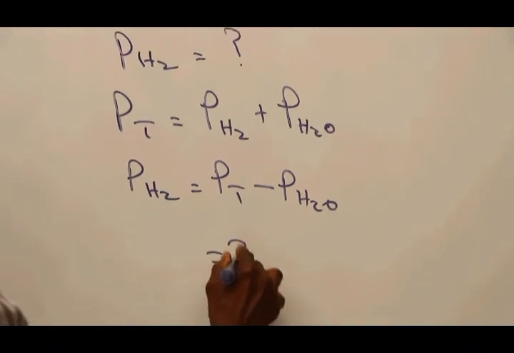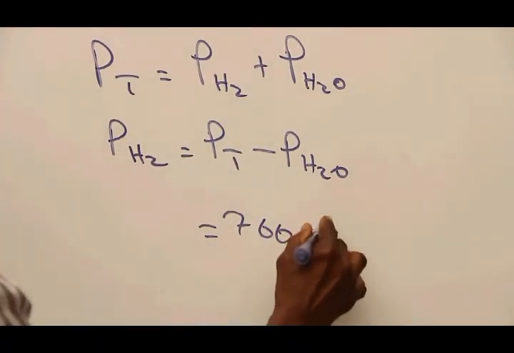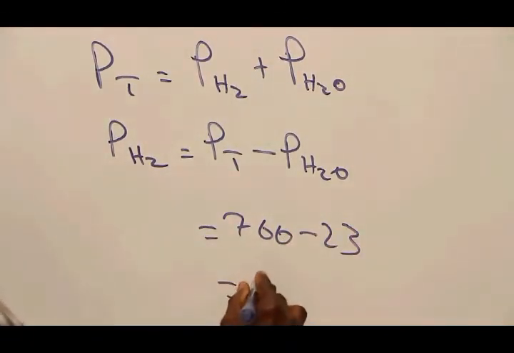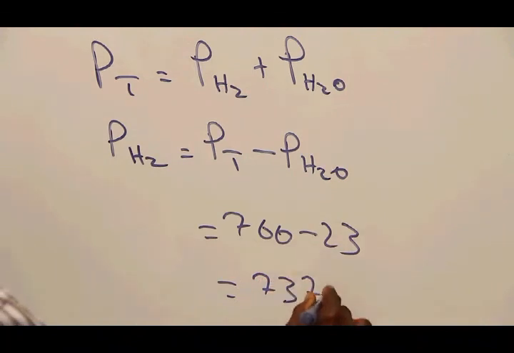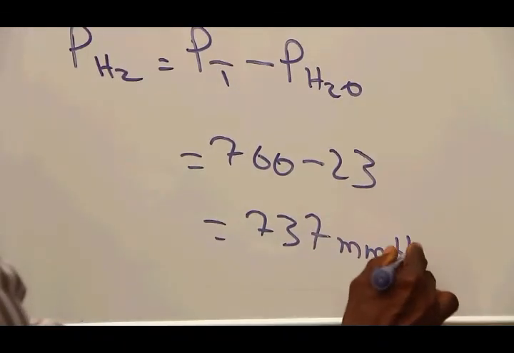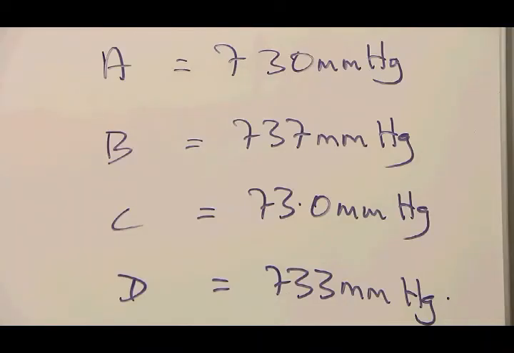Consequently we have 760 minus 23, giving us 737 millimeters of mercury. Now from the solution on the board, the pressure of hydrogen when it is dry is 737 mmHg. And so from the options, the correct one is B.